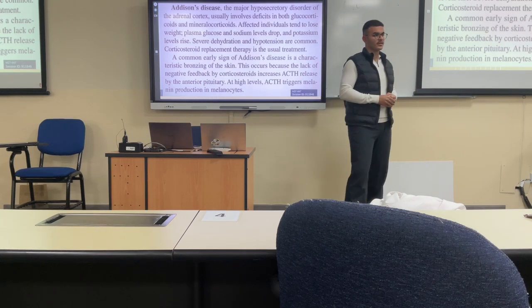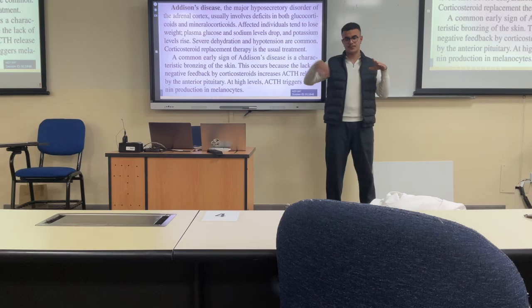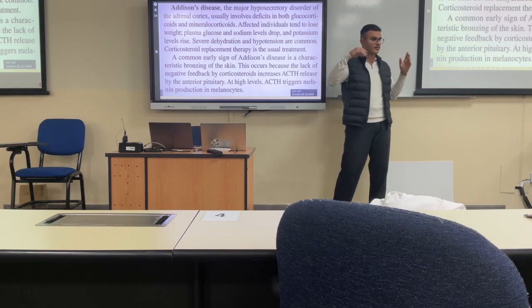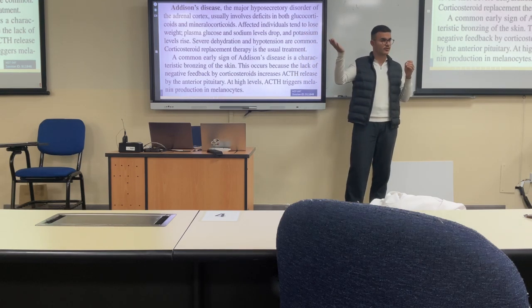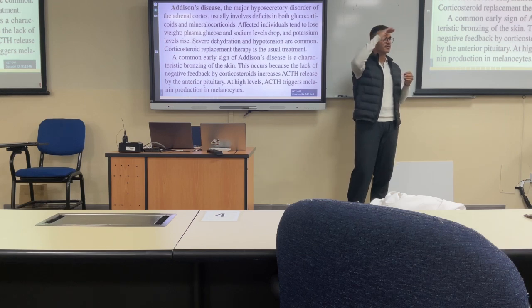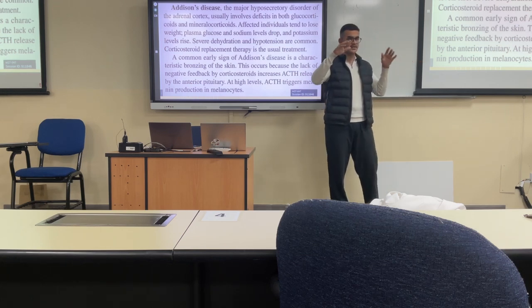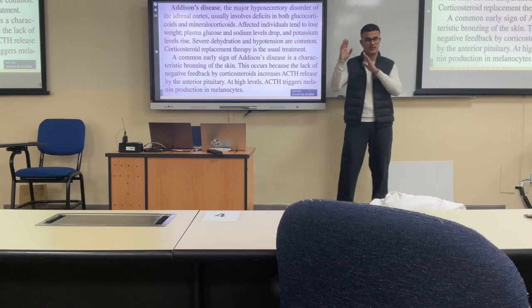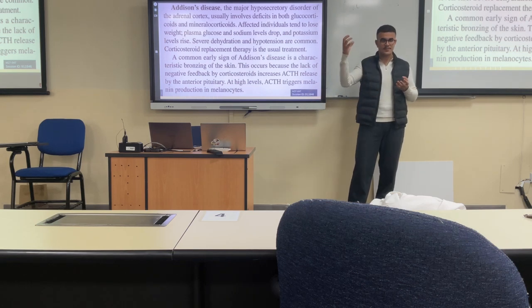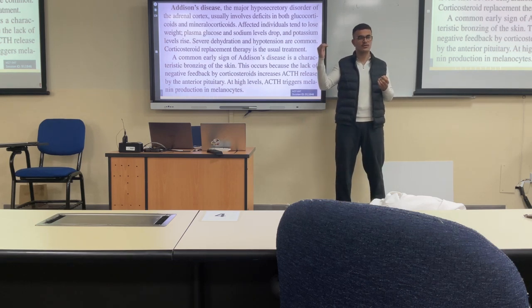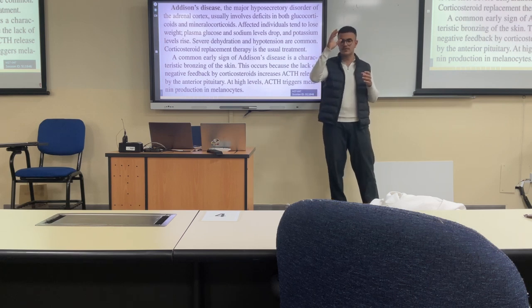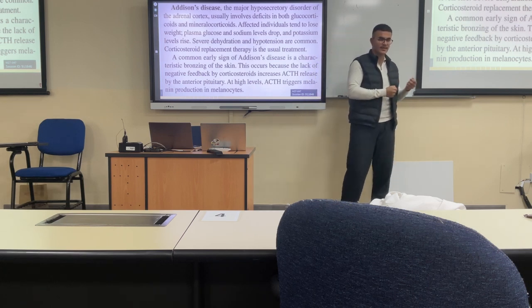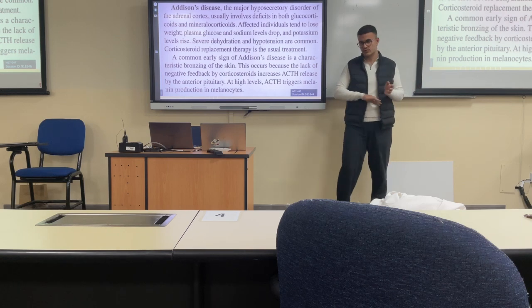We have an early sign. We just mentioned the negative feedback inhibition, right? When we have elevated levels of cortisol, it acts back on the pituitary to stop making ACTH and then stop releasing cortisol. In the absence of cortisol, is the pituitary going to keep releasing ACTH or stop?